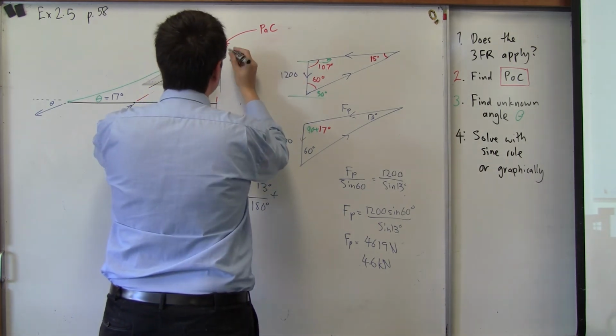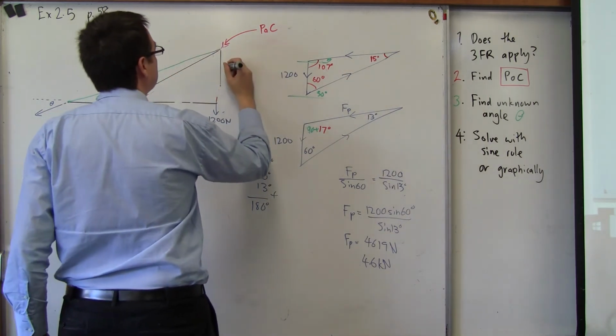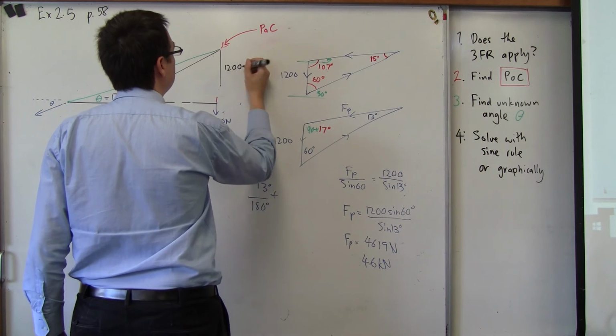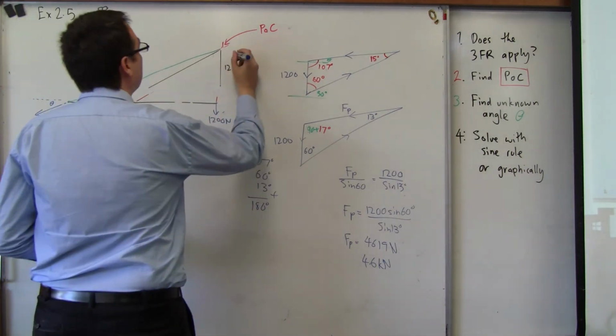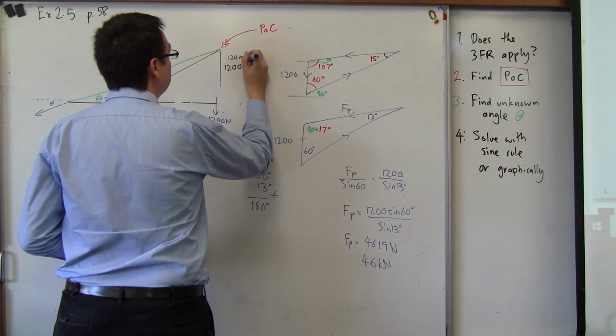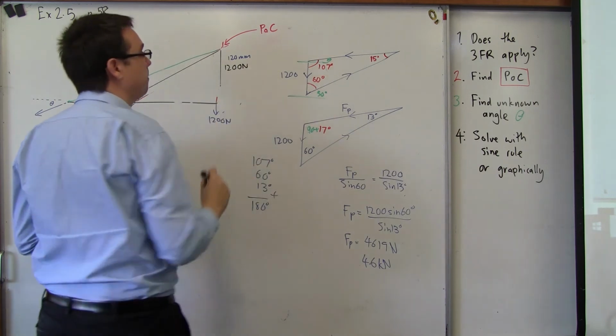I've measured that value as 1200, but I'm using 120 millimeters equals 1200 newtons, yeah?